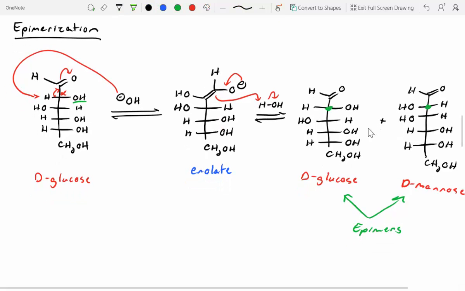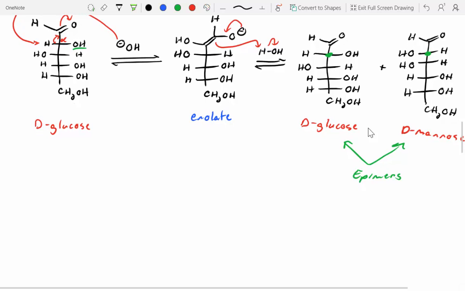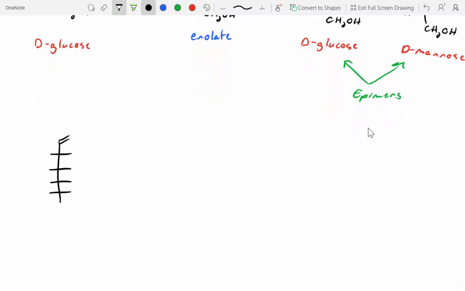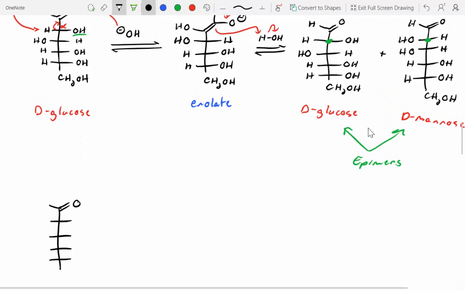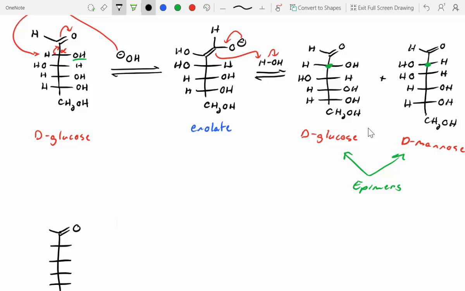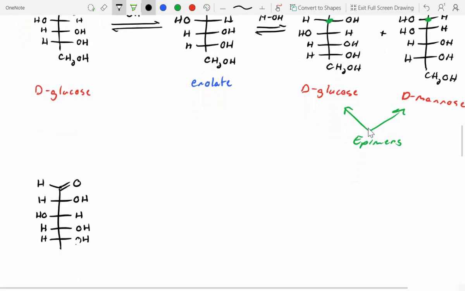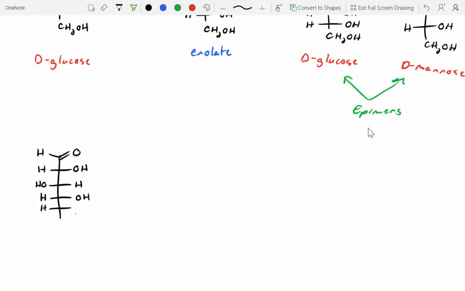All right, there's one other reaction, but hopefully you guys know this one pretty well. I'm going to draw D-glucose again down here. You guys need me to scroll up? Okay. I'm just going to fill in D-glucose down here. Okay, so we've got D-glucose, CH2OH.